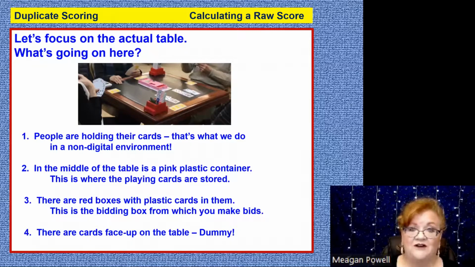Dummy then pulls that card out of that pile and places it in front of her. So the dummy still makes no decisions, but dummy is allowed to touch the cards because declarer will tell dummy what card to play from the table.